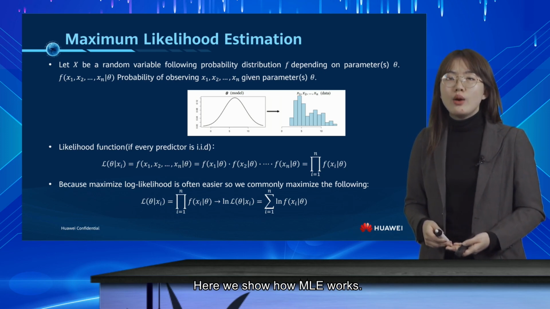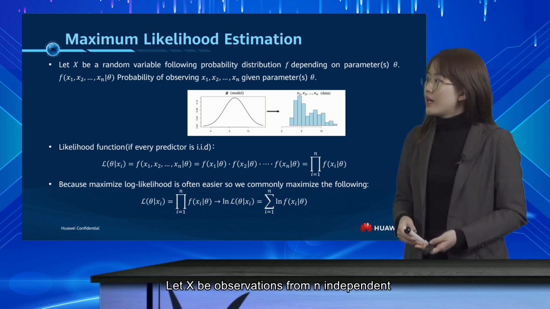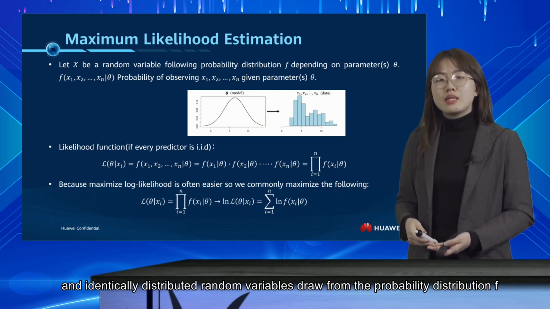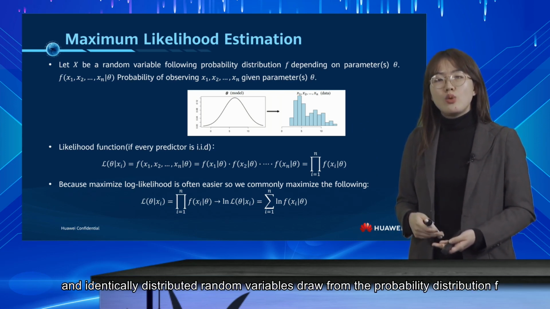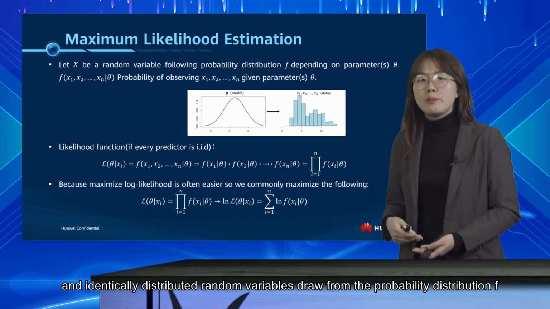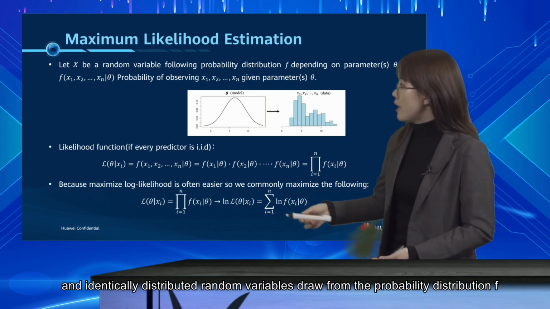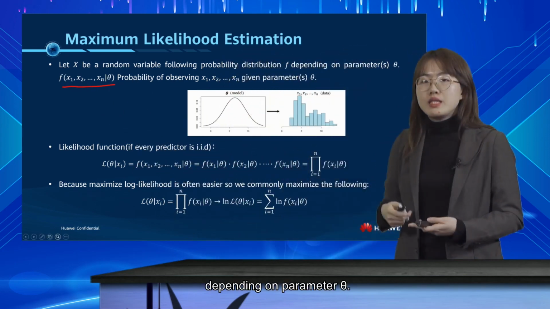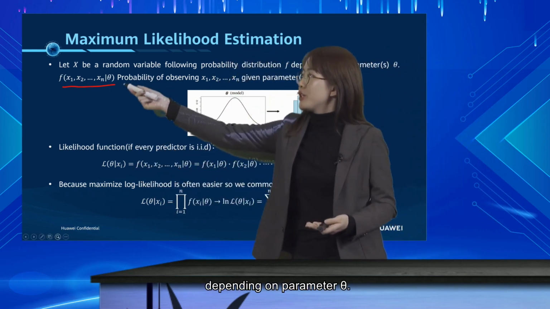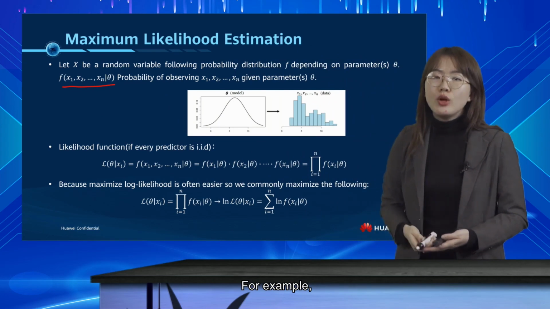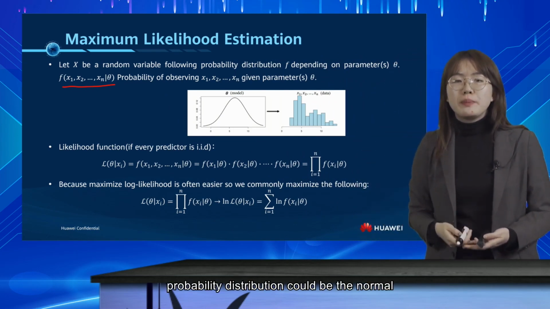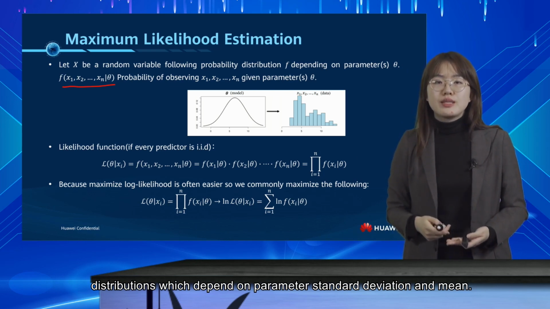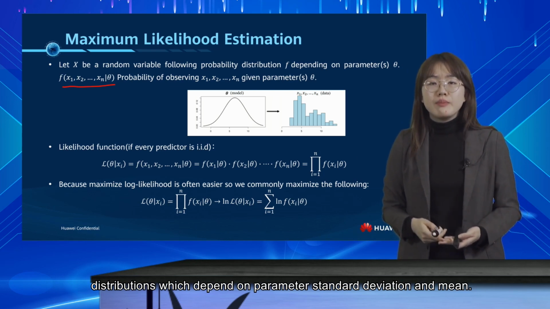Here, we show how MLE works. Let X be the observations from n independent and identically distributed random variables drawn from the probability distribution F, depending on the parameter theta. For example, the probability distribution could be the normal distribution, which depends on the parameters standard deviation and mean.